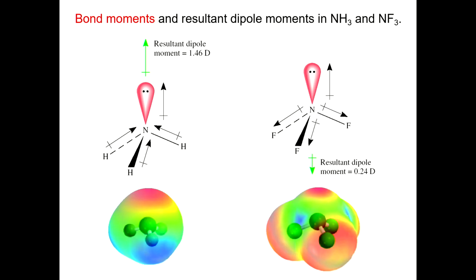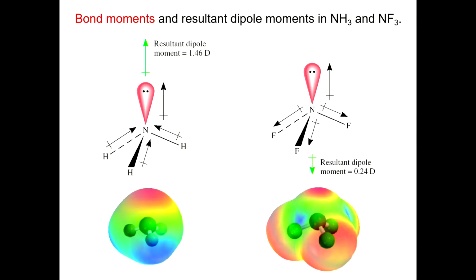Why? Because of nitrogen's nucleus and electronegativity, the moment for a lone pair should be from the atom to the electrons.